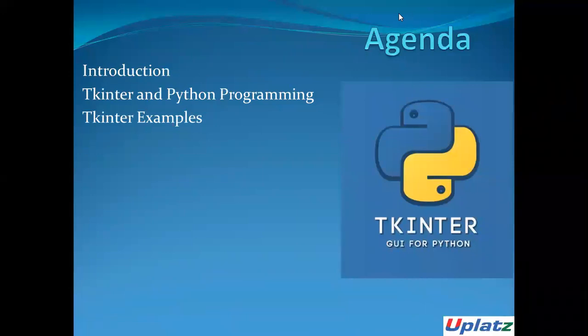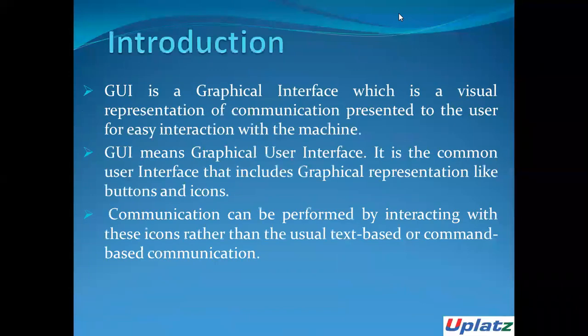So you must first understand the GUI and tkinter. So what is GUI? A graphical user interface allows a user to interact with a computer program using a pointing device that manipulates small pictures on a computer screen. Without GUI, it becomes very difficult for the user to interact with the computer.